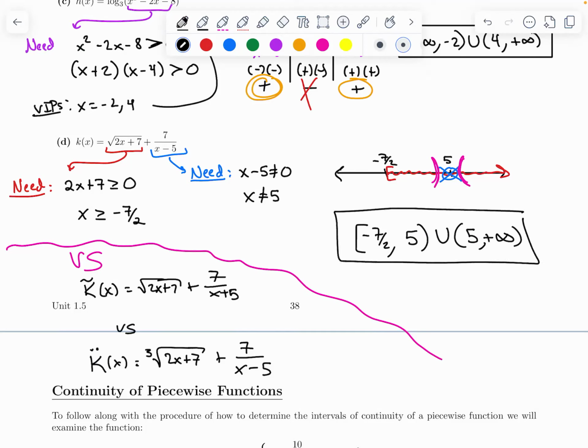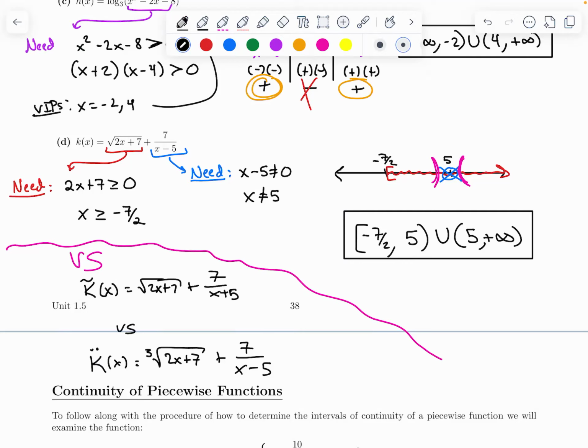I have the answer up here if you'd like to check your work. And I heard these two talking up here about the bracket situation. The most correct answer is bracket -7/2 to 5 union 5 to positive infinity, with everything else being parentheses besides that bracket. But it can be kind of weird talking about what happens at an endpoint.